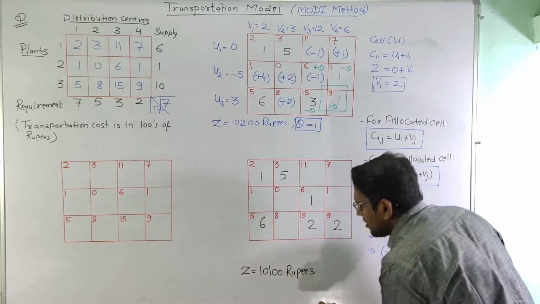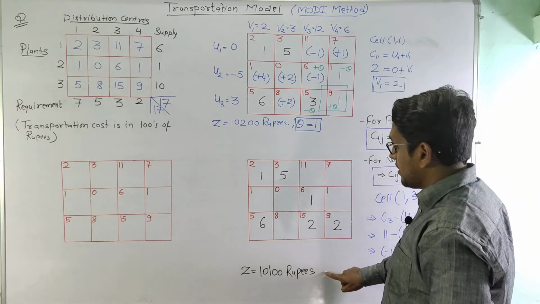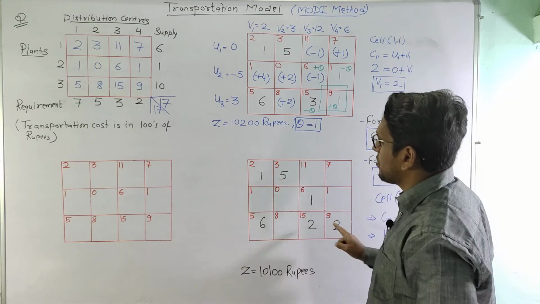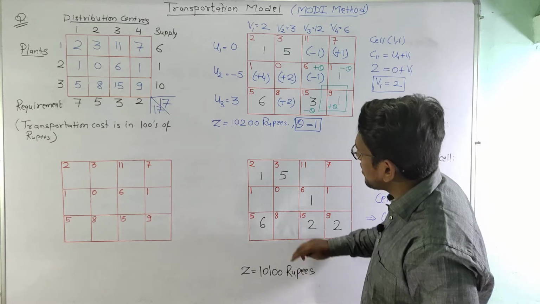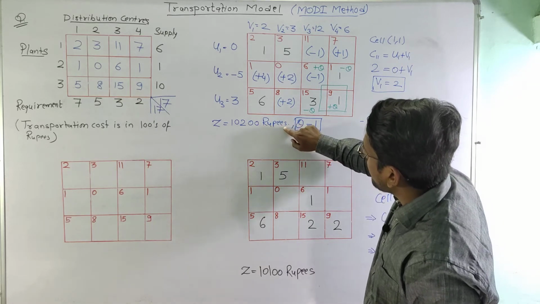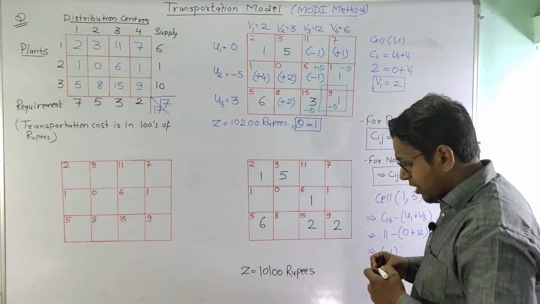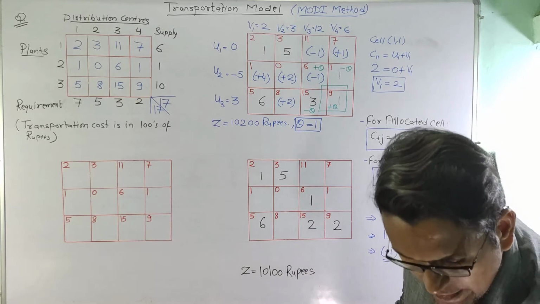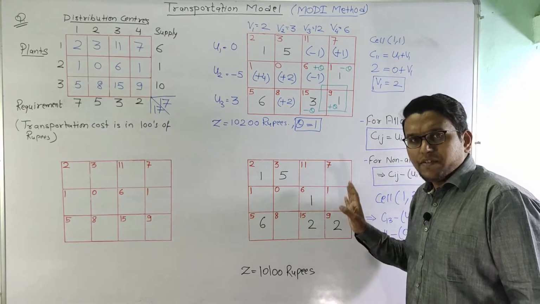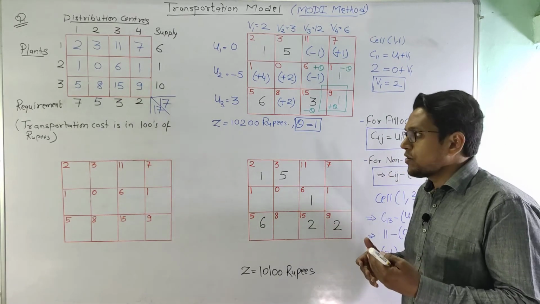So this is the value of z we have obtained by this solution, which is lesser than the previous value of z. Now let us check again if this particular basic feasible solution is optimal or not.